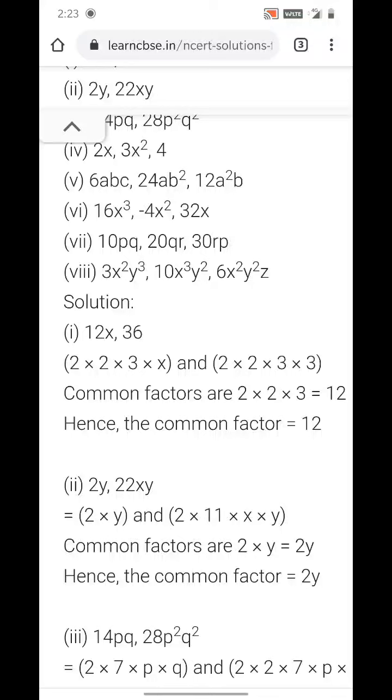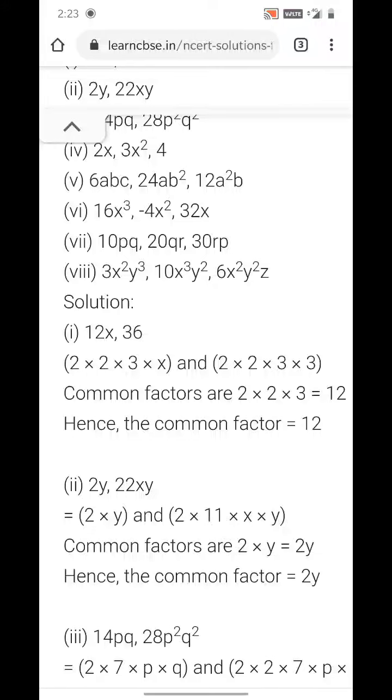First, find the prime factors of 12. When you do prime factorization of 12, that will turn out to be 2 multiply 2 multiply 3 multiply x. At the same time, prime factorization of 36 will be 2 multiply 2 multiply 3 multiply 3.